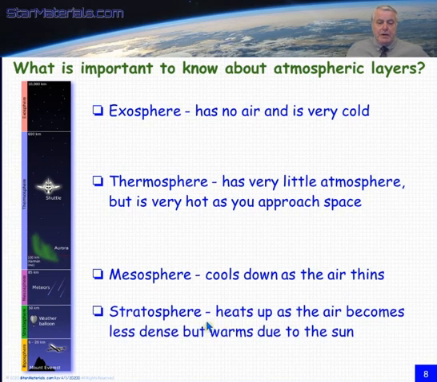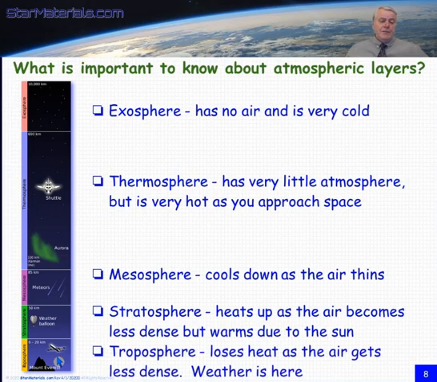This is where the air heats up and becomes less dense but warms due to the sun. So as you're going away from the Earth's surface, there's less air, but it warms because of the sunshine. There's enough there to hold the heat of the sun.